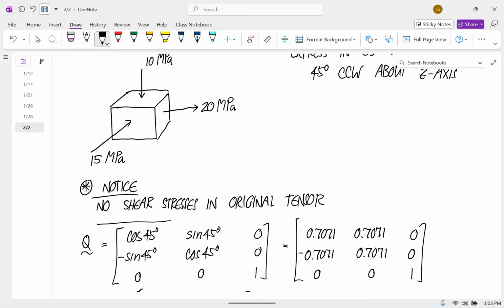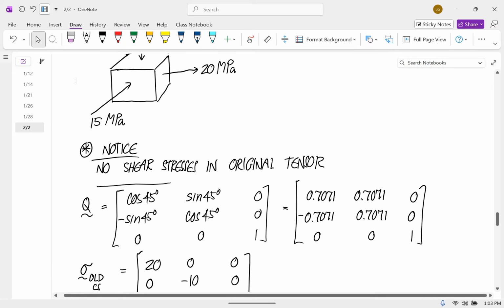Our normal stresses are positive 20, negative 10, and negative 15. Now if I would have rotated the coordinate system 45 degrees about the middle of these axes, which is the one with the negative 10, I would have gotten a maximum possible value of shear stress. I think I did it about the z-axis instead of the y-axis, so I didn't do it.